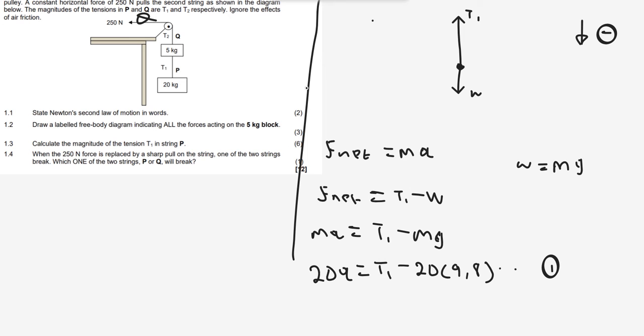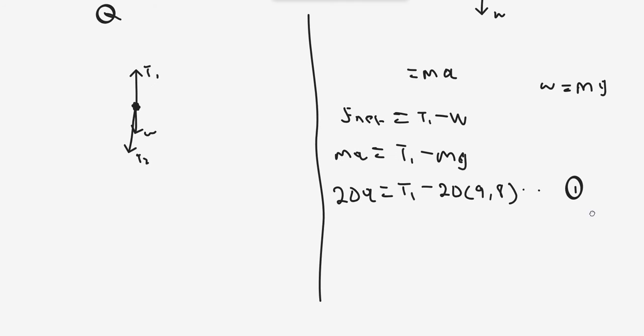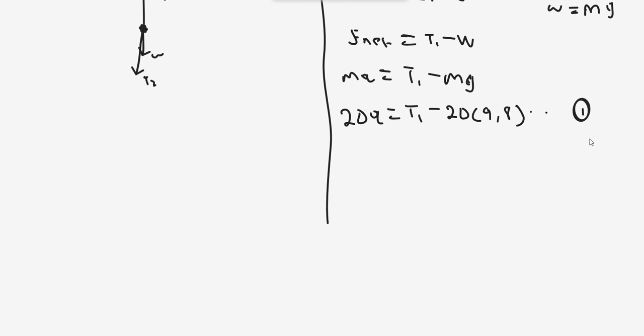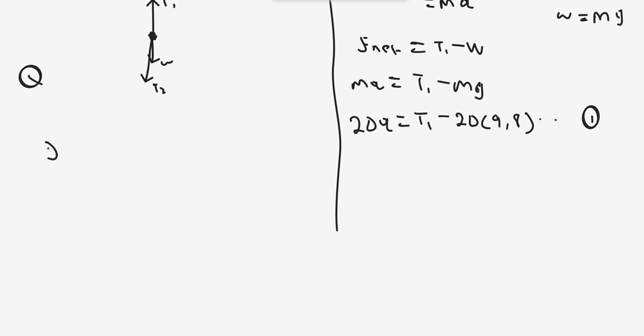And now let's go to object Q. Remember that we have our free body diagram, and then we also say the sum of all forces acting on object Q. F net force is equal to ma, mass times acceleration.